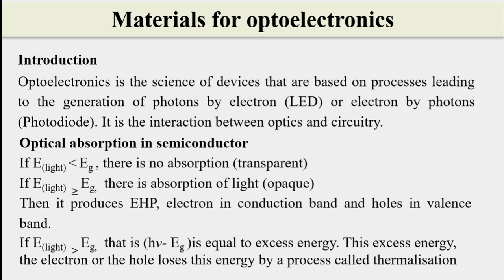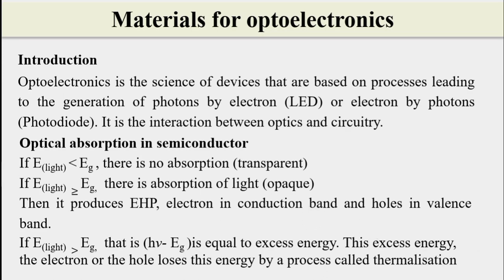Before we look into these devices, let us first look at the phenomenon of optical absorption. We want to know what happens when light of certain energy, that is E is equal to h nu, is incident on a semiconducting material. In the case of a semiconductor, we define its energy by its band gap, Eg, the band gap energy, which is nothing but the energy difference between the valence band and the conduction band.